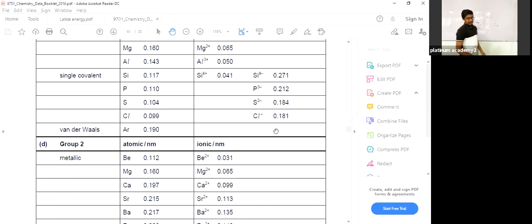The ionic radius of chloride ion is 0.181. The ionic radius of sulfide ion is 0.184. Right, let's calculate the charge densities of each ion.